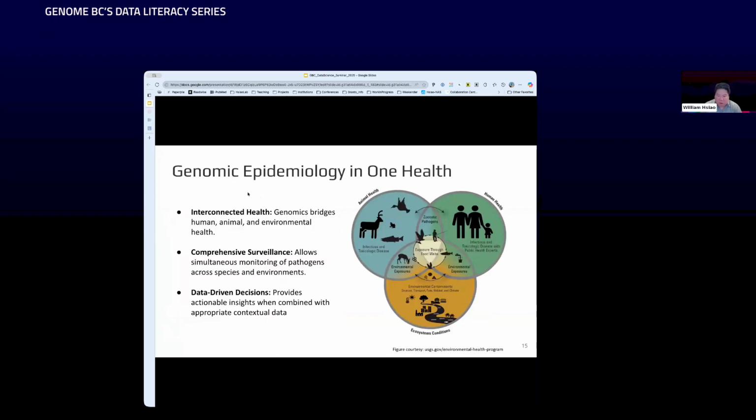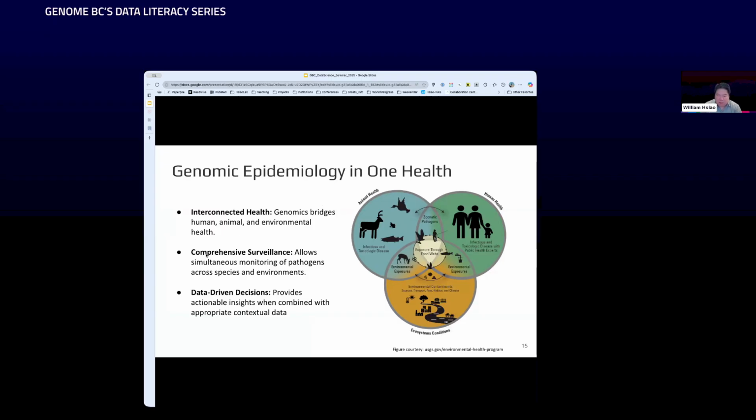So genomic epidemiology in One Health recognizes that human, animal, and environment health are interconnected, and genomic sequence data can be used to bridge these different sampling types or sampling domains together.